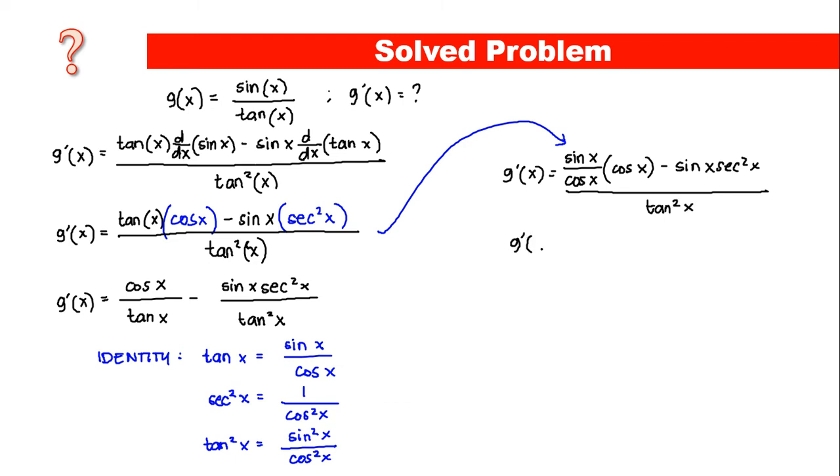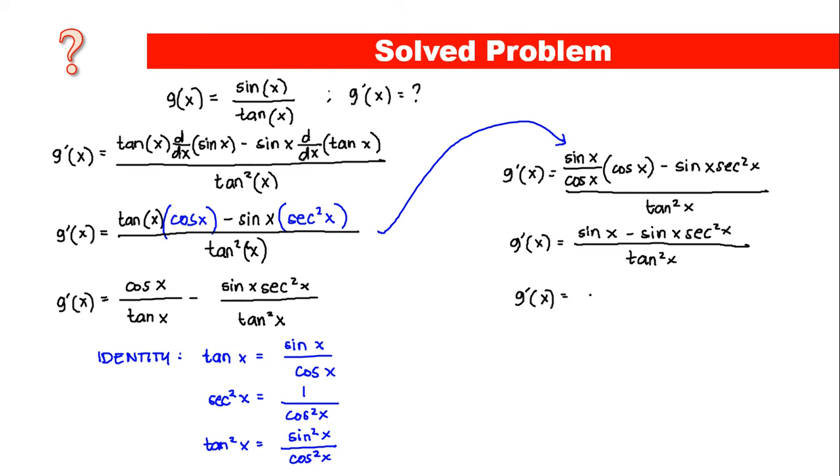So, magka-cancel yung cosine dyan, no? Kung mapapansin niyo mawawala yung cosine. Therefore, ang matitira na sa atin sa numerator is yung sine x minus sine x times secant squared ng x all over tangent squared ng x. And kung mapapansin natin, itong sine x pwede nating i-factor out. No?